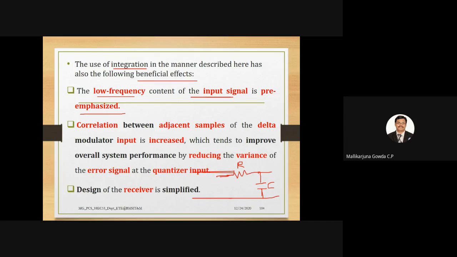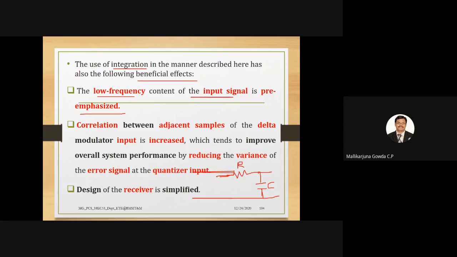If I use an op amp, then it becomes an active integrator, since an op amp is an active element. It is an integrator circuit only. I use a capacitor in the feedback and a resistor on the input side. It will pass only the low frequency components.